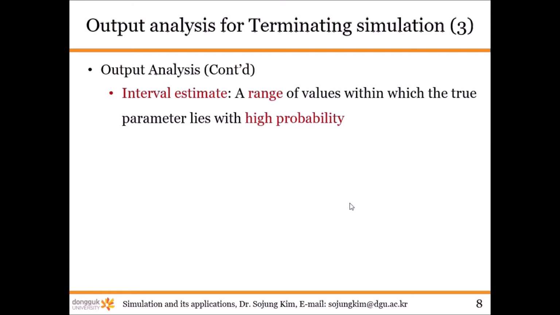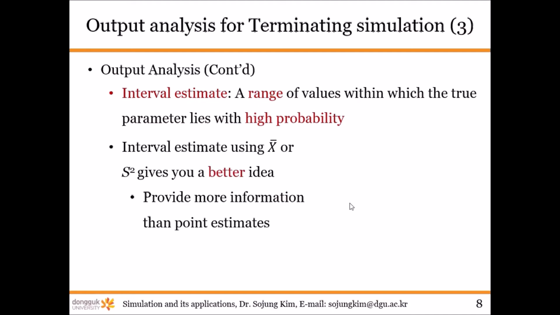Also, you can conduct an interval estimate. An interval is a range of values within which the true parameter lies with high probability, for example, a confidence interval. Interval estimating using X bar or the sample variance gives you a better idea because you have an interval instead of one point data.